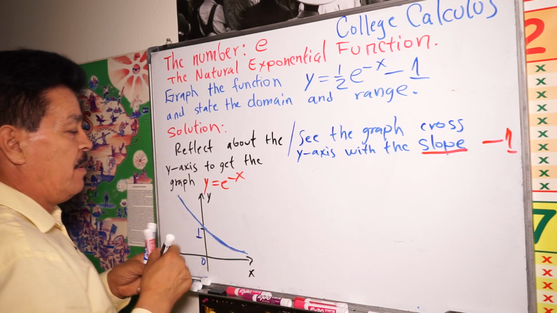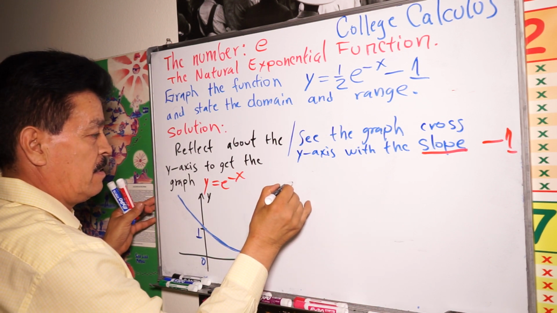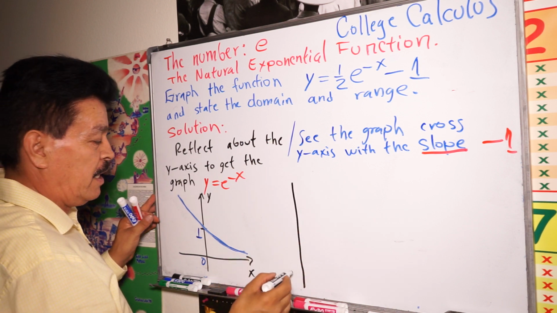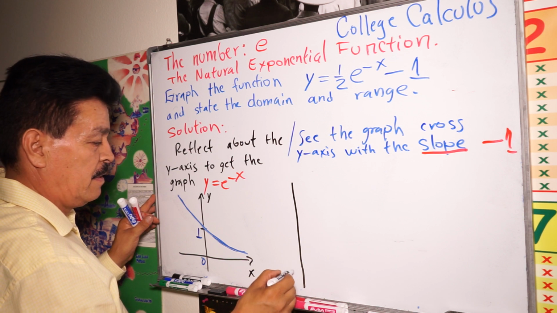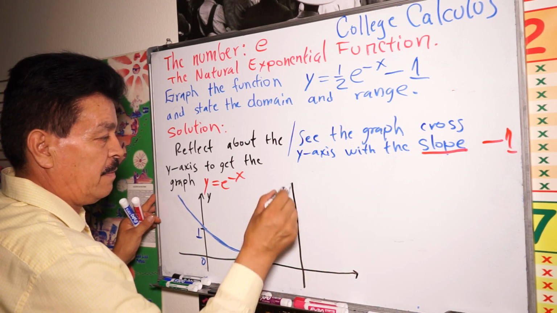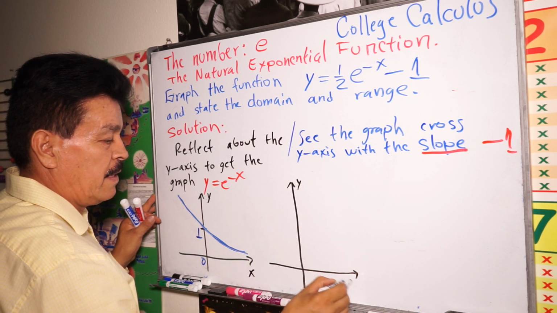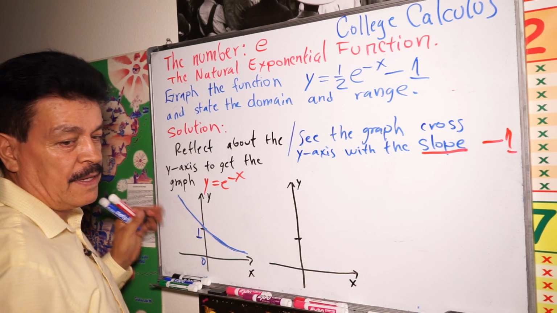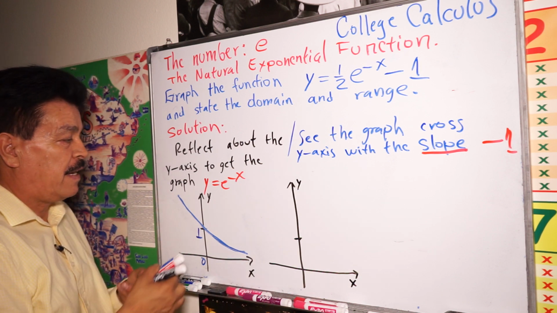This is another graph. Let's obtain this graph. So this step, this is y. So this is 1 right here, and then we obtain the graph.